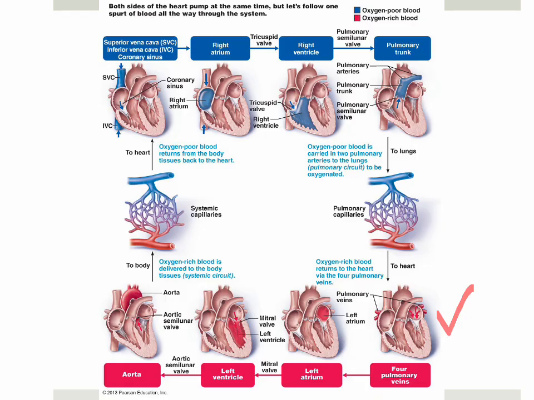So we are getting oxygenated blood to the left atrium, then it goes to the left ventricle. Blood gets pushed through the ascending aorta, and then it goes everywhere in the system, systemic. Okay?